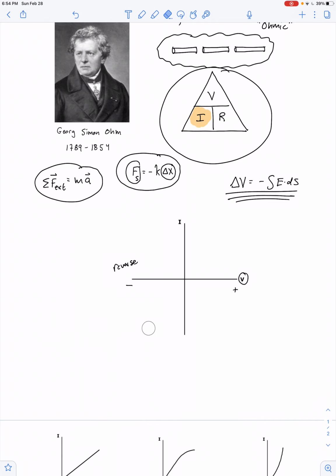So the way a graph of current versus voltage plots for these diodes, regardless of how large that reversed voltage is, you have almost zero current. Now in the forward bias, you get a very large increase in current with increasing voltage. And only if you get past a really large reverse bias can you get any current to flow in the opposite direction. So this is very much non-ohmic behavior.